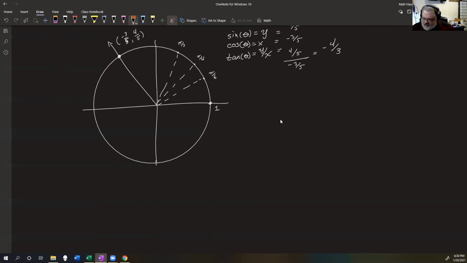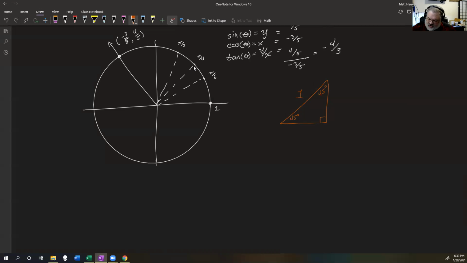So let's take this pi over 4 angle, or same as a 45-degree angle. If you've got a 45-degree right triangle, then this would have to be 45 degrees because they all have to add up to 180, right? If we choose to make that hypotenuse 1, why a 1?